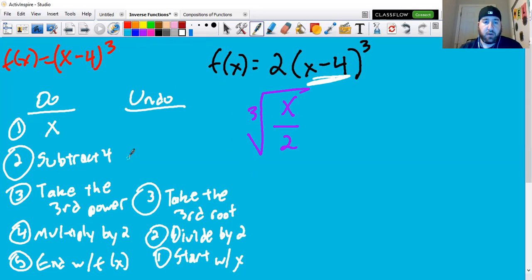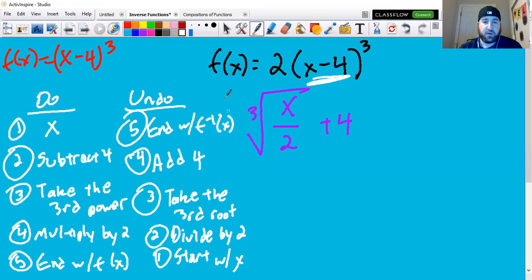Step 4, the opposite of subtract 4 is to add 4. So this add 4 is actually over here separate. It is not under this cube root. And then end with my function notation.